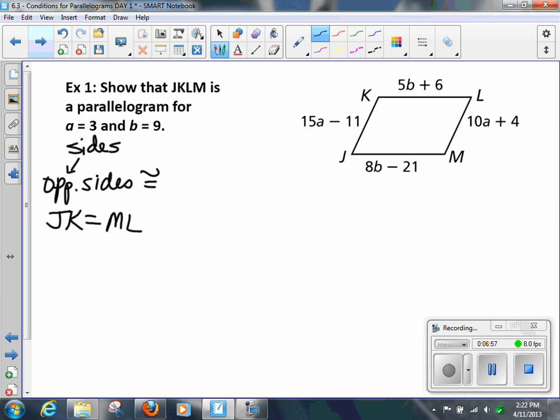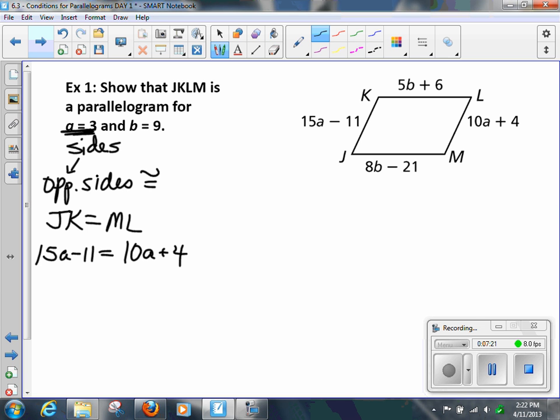What is JK? 15A minus 11. What's ML? 10A plus 4. Hey, look what it says. A is 3. What do I need to do with that 3?